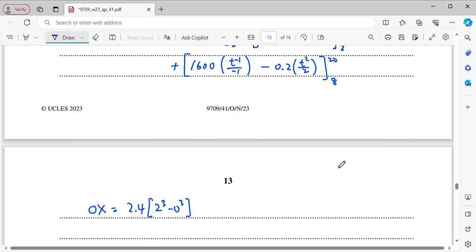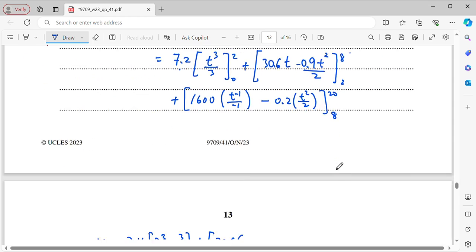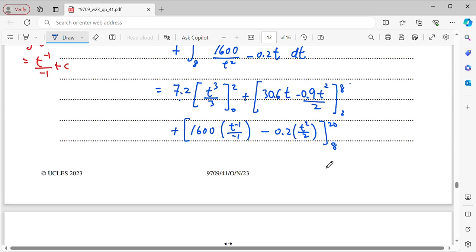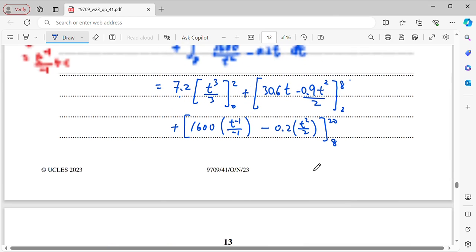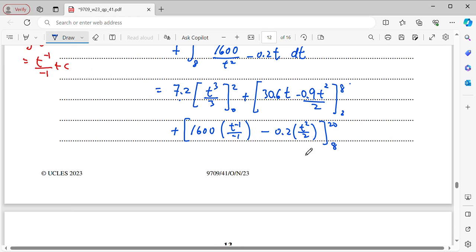Next value, 30.6 multiplied with 8. Replace all these values, so now the t is replaced by 2.